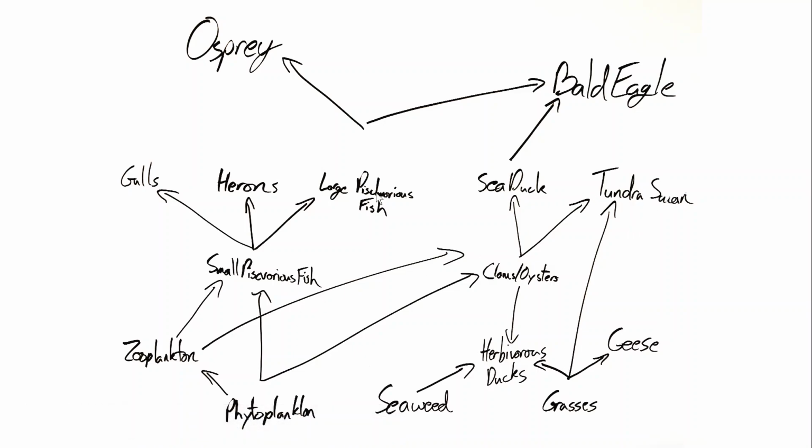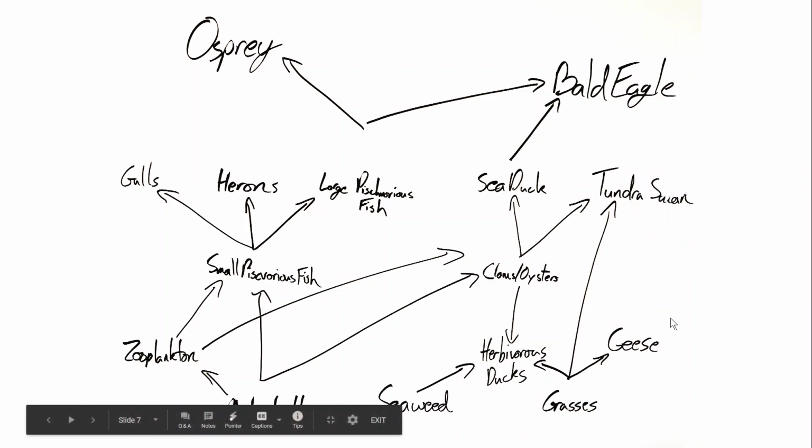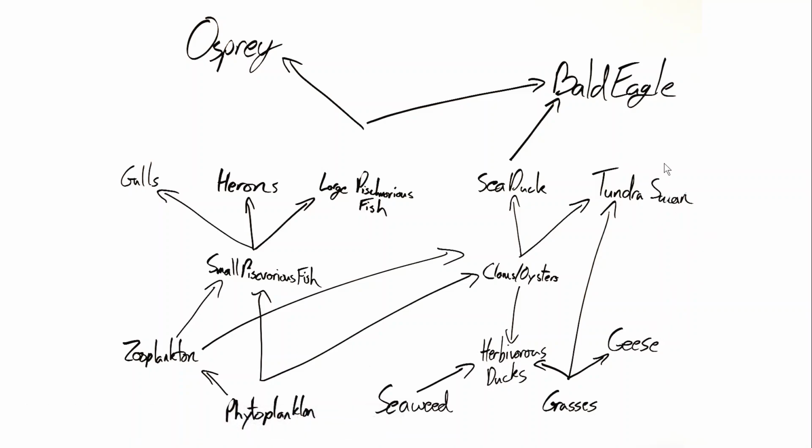Right? A lot of these are eaten by something else. Some of them are not. So tundra swan and geese don't have any predators on this map. That's not saying that they don't have any. I'm just not listing them here. Others, like the clams and oysters and the small piscivorous fish, are eaten by other things. So the small piscivorous fish are eaten by gulls, herons, or just larger fish that also eat other fish.